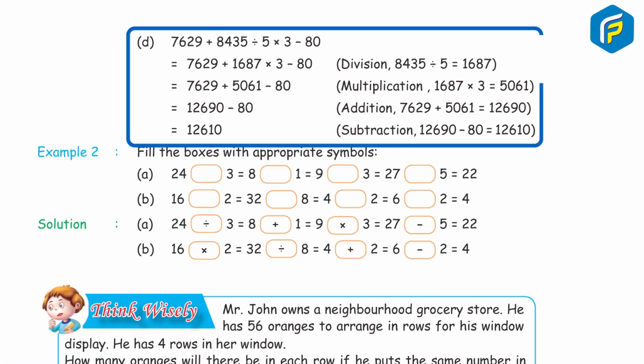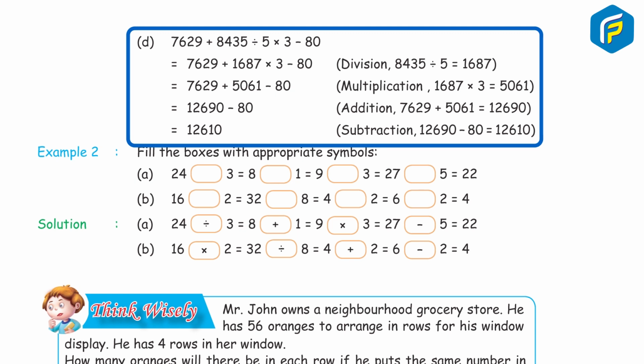D. 7629 plus 8435 divided by 5 into 3 minus 80 is equal to 7629 plus 1687 into 3 minus 80. Division: 8435 divided by 5 is equal to 1687. 7629 plus 5061 minus 80.